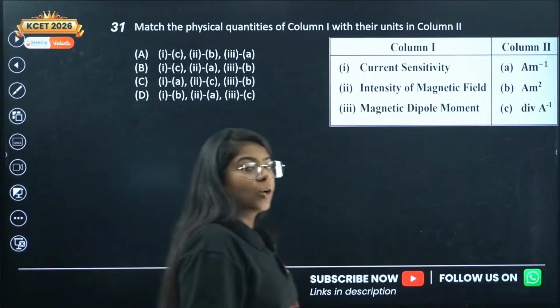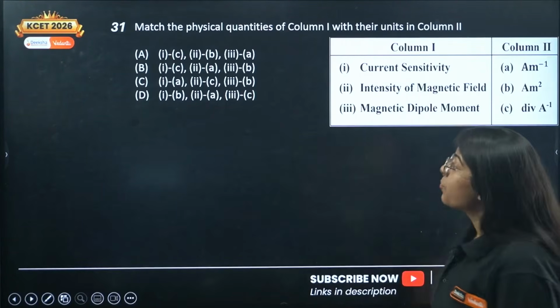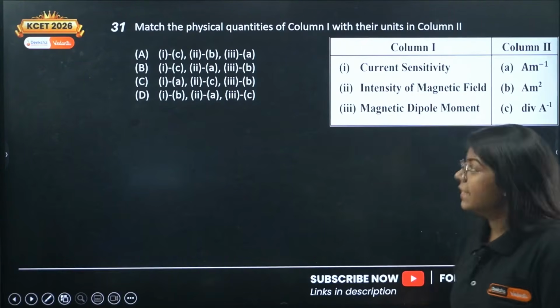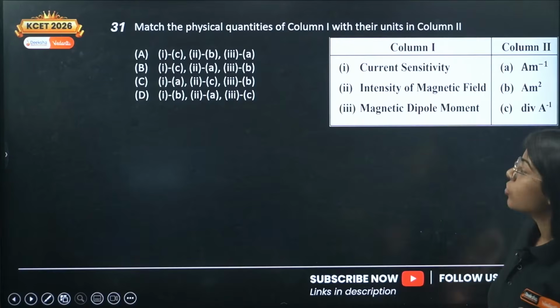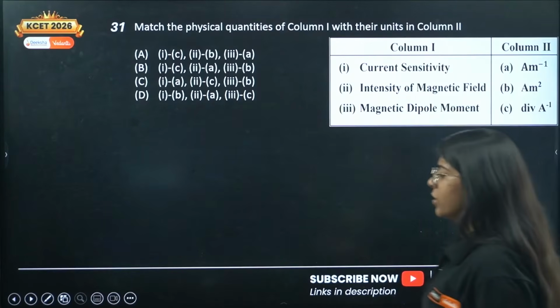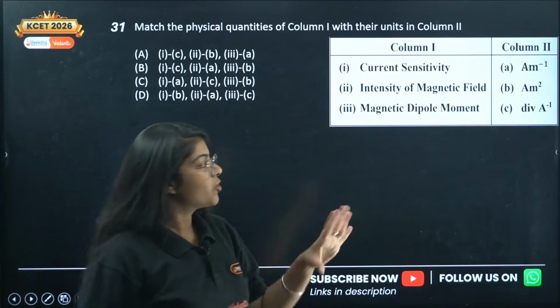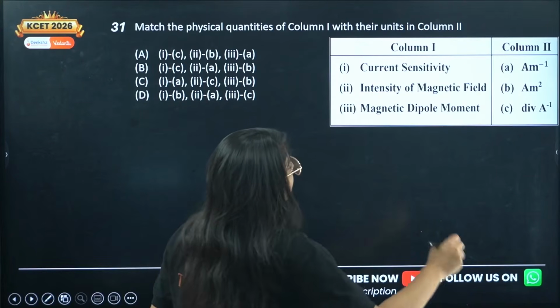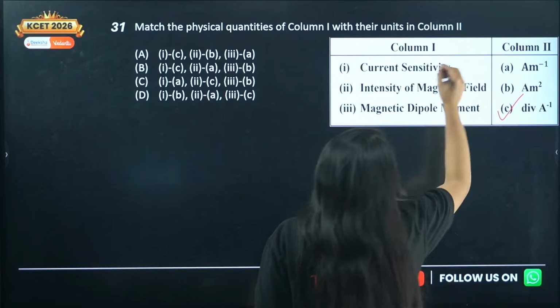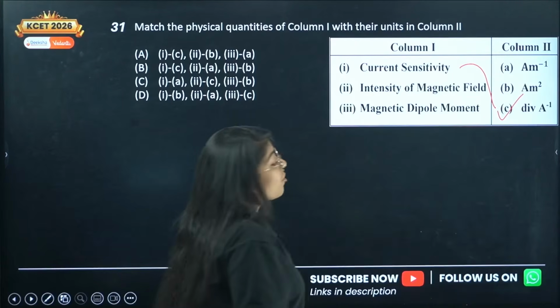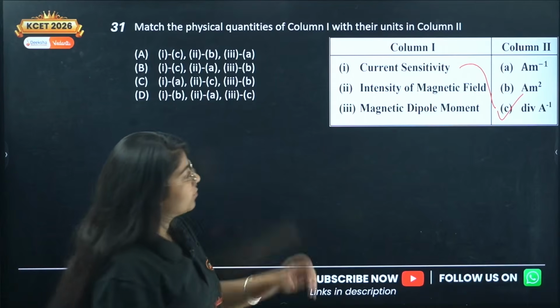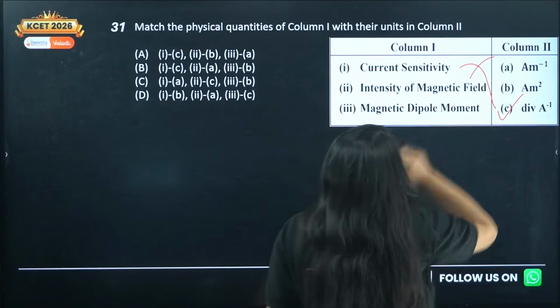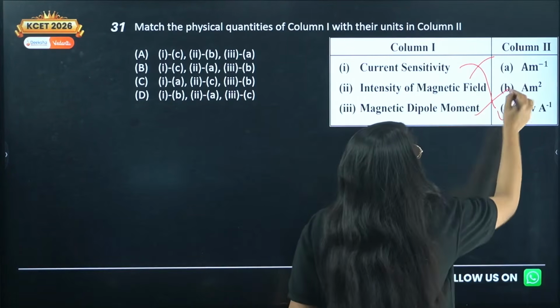With that, moving on to the 31st question, which says, match the physical quantities of column 1 with their units in column 2. Now this is very simple. Current sensitivity, we know it's divergence per ampere, intensity of magnetic field is ampere per meter, and magnetic dipole moment is ampere meter square.